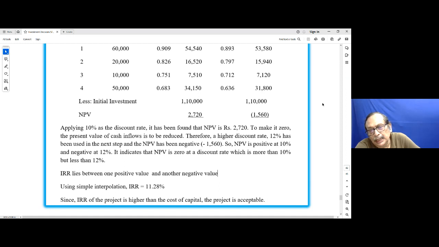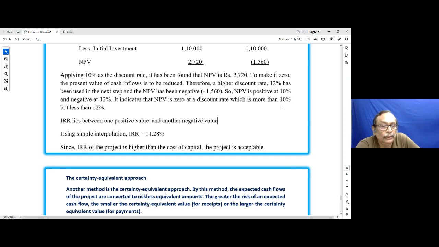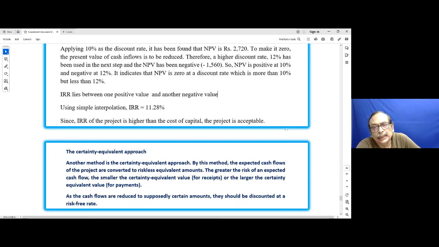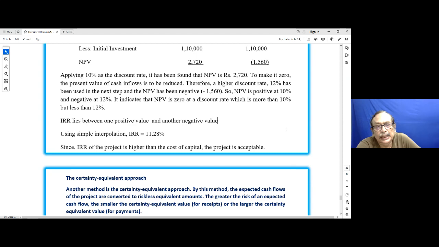It indicates that NPV is 0 at a discount rate which is more than 10% but less than 12%. So IRR lies between one positive value and another negative value. And applying the formula that I have already shown to you today, we get IRR is 11.28%.